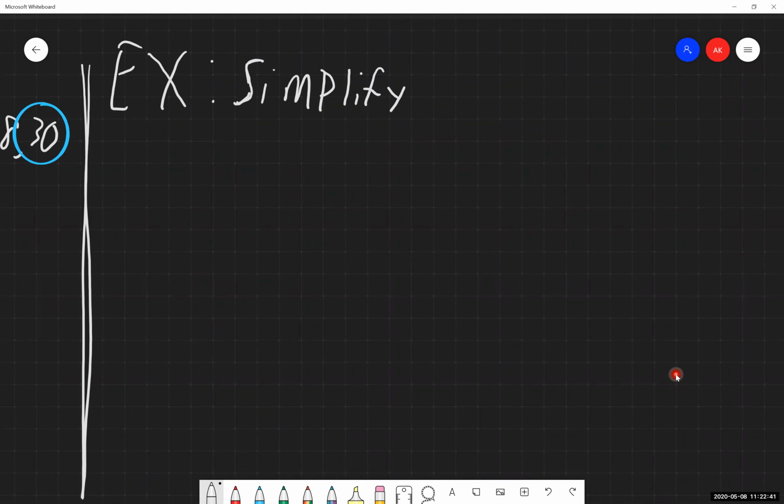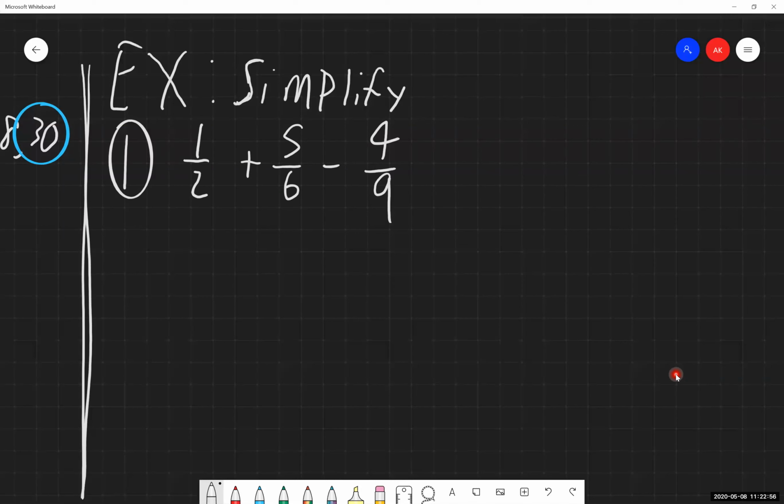Our first example, shown in the lecture notes, was 1/2 plus 5/6 minus 4/9. Again, following our process, just as it's written out, I'm reading off the notes on a different screen, so that's where these methods are coming from.